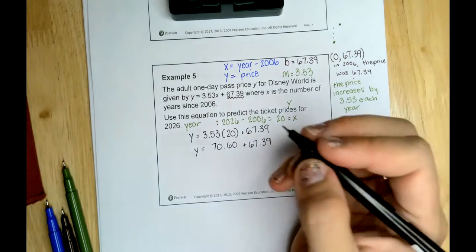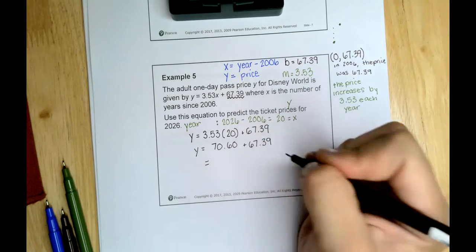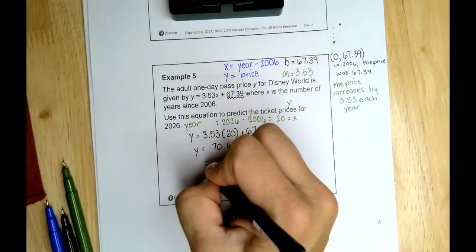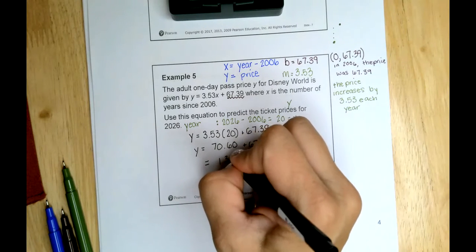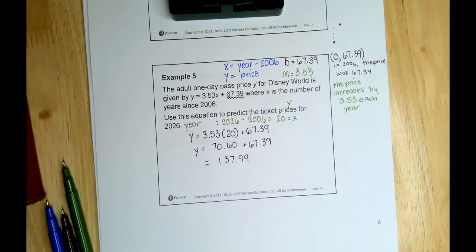Disneyland, so expensive. So if I add 70.60 plus 67.39 in my calculator, I get $137.99. So the ticket price in 2026 will be $137.99.